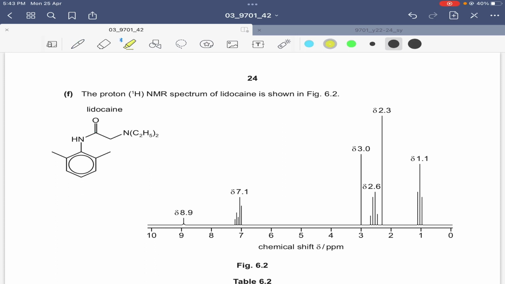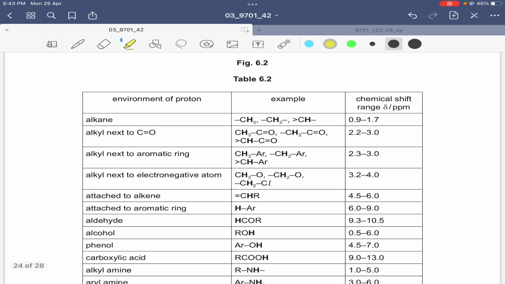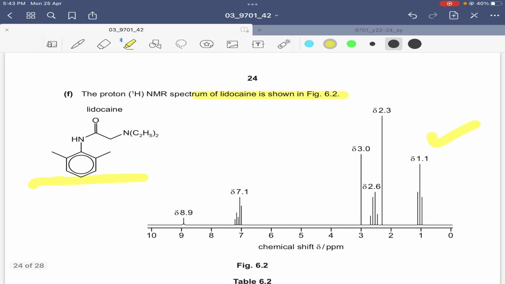The proton NMR spectrum of lidocaine is shown in figure 6.2. This is the structure of lidocaine, and this is the proton NMR. Now this is the table for the environment of protons and all the chemical shifts for proton NMR, right? The question is, name the splitting patterns at chemical shift 2.6 and 1.1.